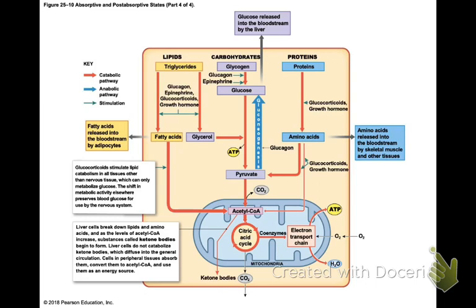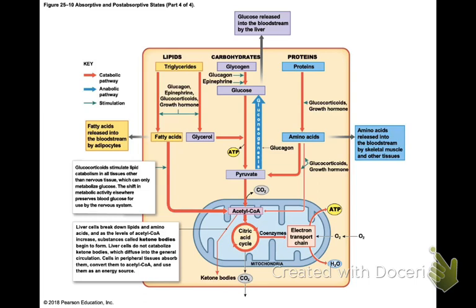So looking at the overview, I'm going to burn my triglycerides, I'm going to burn my glucose, I'm going to burn my proteins. I will only burn proteins if I'm in the prolonged post-absorptive state and I'm in dire need of more nutrients. If I have enough fat reserves, I'm not going to break down those proteins. And you'll notice that the glucocorticoids, again, are involved in protein digestion, so that's when you're stressed.